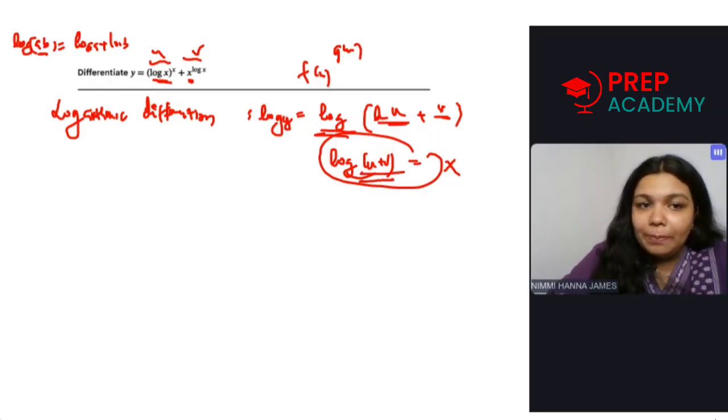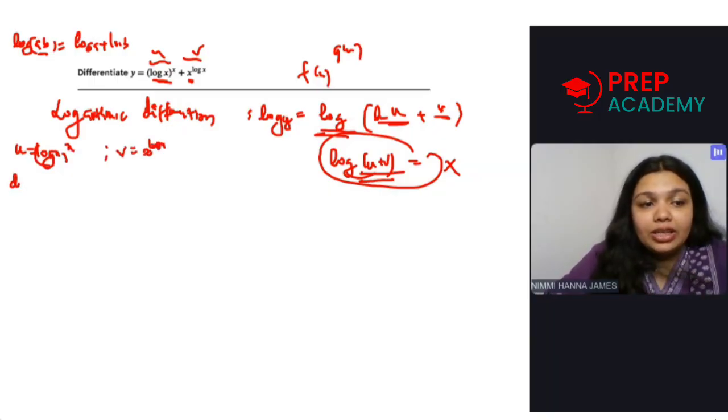So we have to separately take logarithms. That is, we take u is equal to log x raised to x and v is equal to x raised to log x, and separately find du by dx and dv by dx.